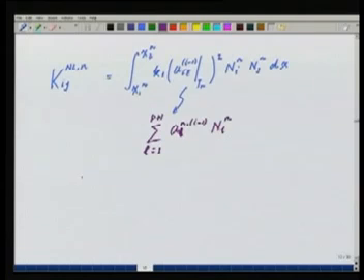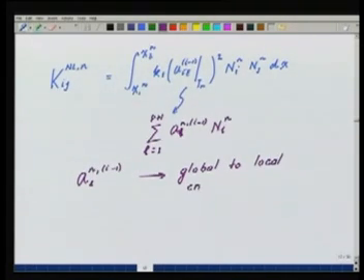Now what is a_n at i minus 1? This will come from the global to local enumeration. So we have to keep in store the solution at the previous step, that is at the i minus 1 step, from where we extract the coefficients and use them to construct the solution u_fe in the element.